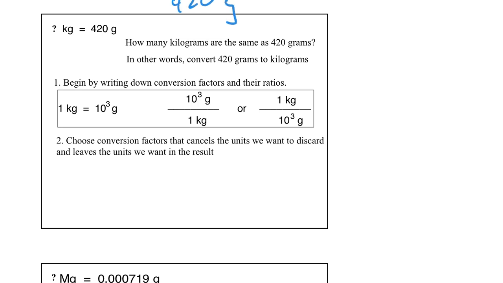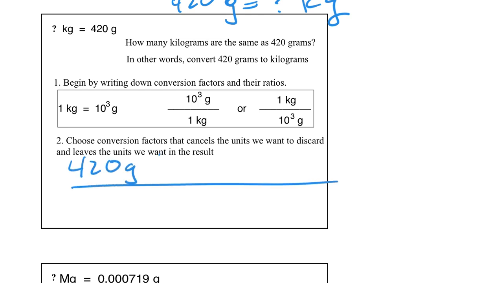So 420 grams is equal to how many kilograms? So what we're going to do is start with a known term. Okay, bring down the known term unit like I taught you before, and we can go to a prefix of the same unit. So kilo stands for 10 to the 3.